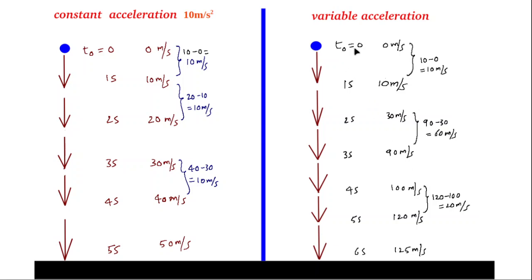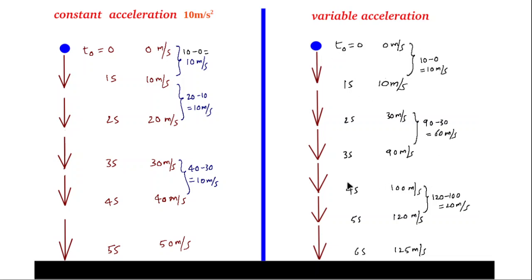For example, when time increases from 0 to 1 second, in that 1 second interval the velocity increases by 10 meters per second. But in another 1 second interval, suppose the time increases from 2 seconds to 3 seconds, the velocity increases by 60 meters per second. See, in this 1 second interval the velocity increment is 60 meters per second, but in this time interval the velocity increment is 10 meters per second.